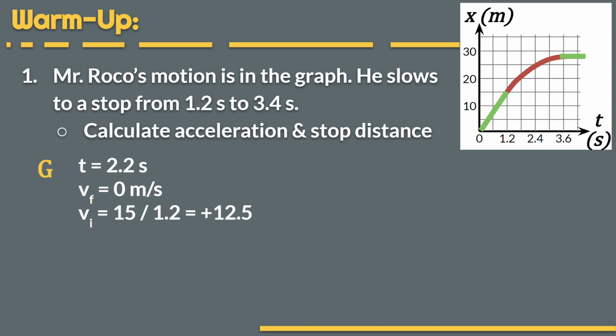But we do know time, we do know final velocity, we know initial velocity, and from that, we can certainly calculate both of these two things. Delta x, my displacement, or how far he goes during that time, that would be his stopping distance. And then the acceleration that he undergoes as he is slowing down, we can solve for both of those.